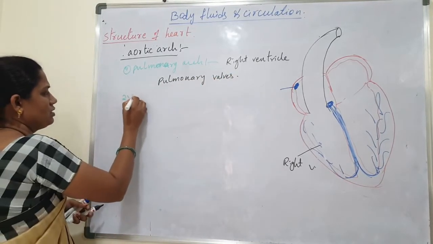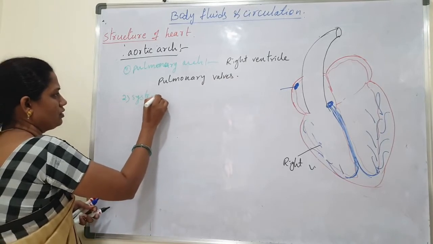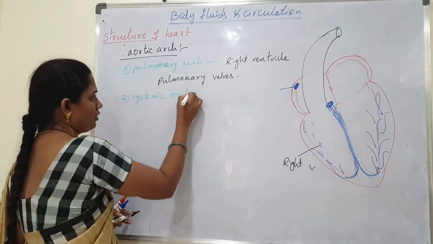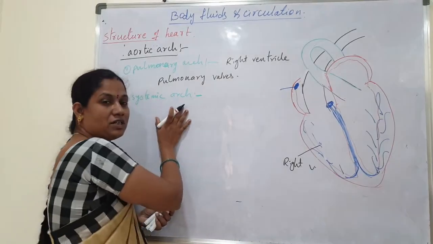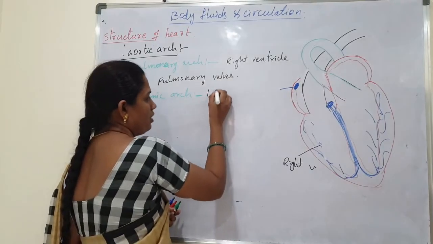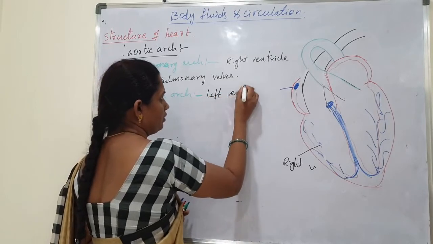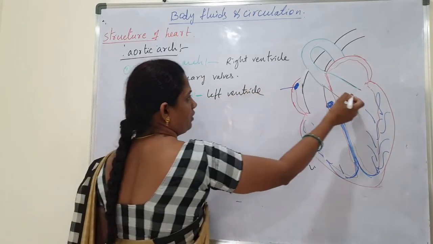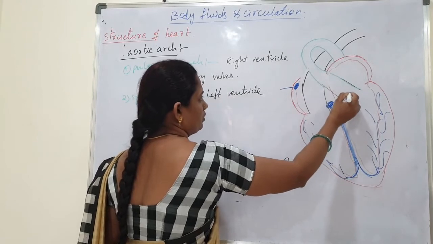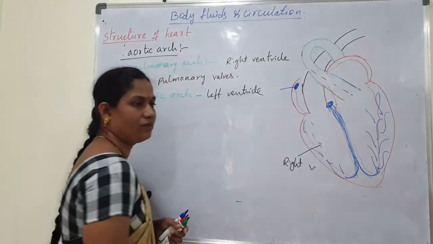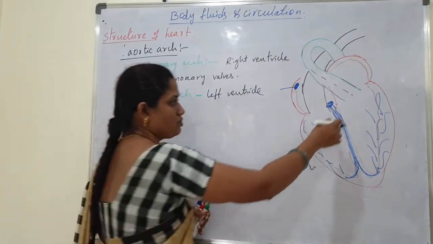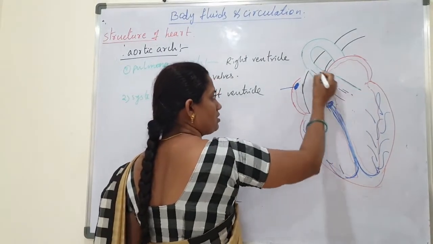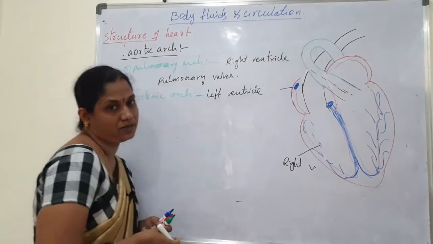Next, the systemic arc. The systemic arc is arising from the left ventricle. The systemic arc carries oxygenated blood to different parts of the body.